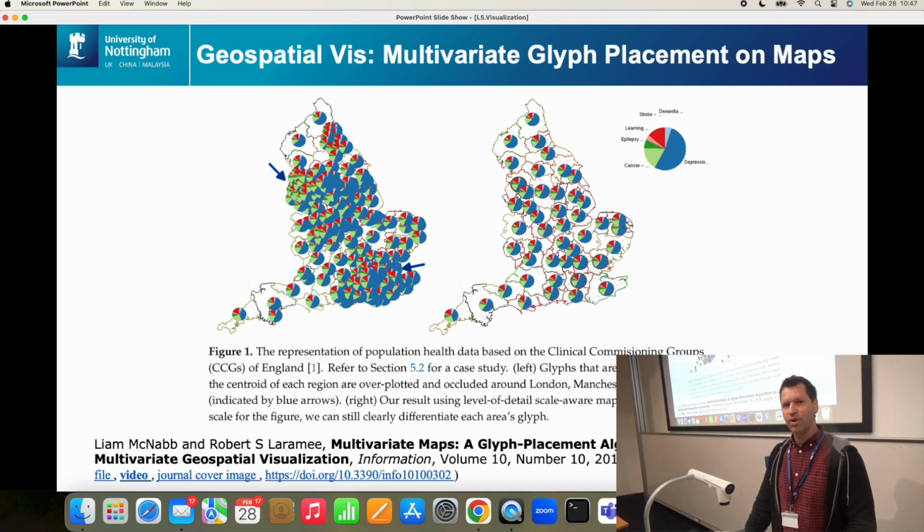Those are called CCGs, clinical commissioning groups. That's how the NHS is divided, right, into clinical commissioning groups. And then each glyph represents a clinical commissioning group or a region, but it's showing the population health, right? The different dimensions of population health mapped to a pie glyph, right?